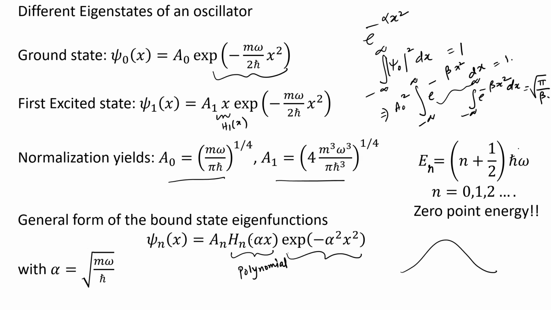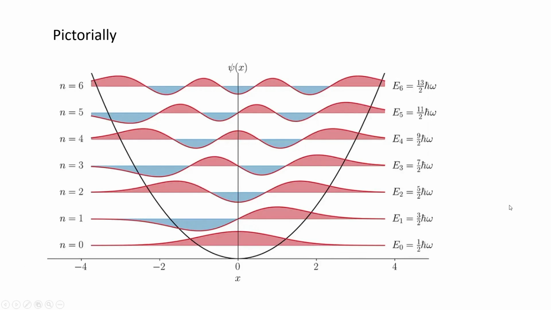The first excited state, which is already written there, is a1 x into exponential minus m omega by 2 h cross x square. The second one will have a shape like this, and so on. I probably did not draw it properly, but this is the lowest one, and then this will also be like this, and so on. Okay.